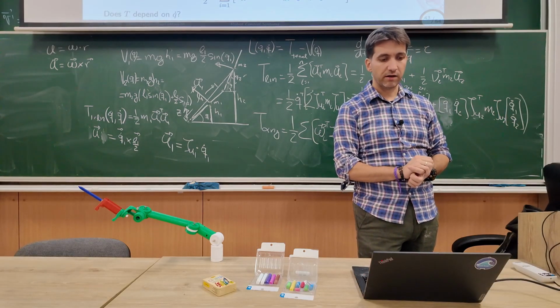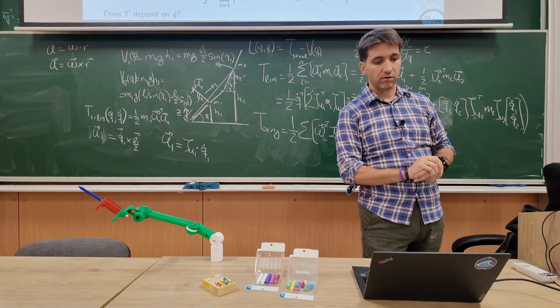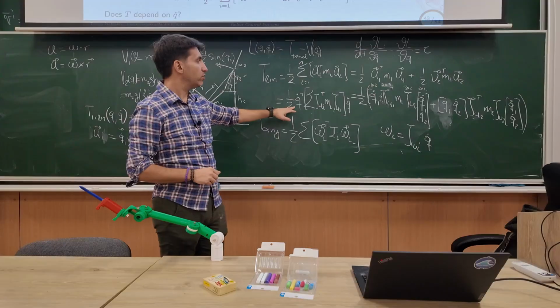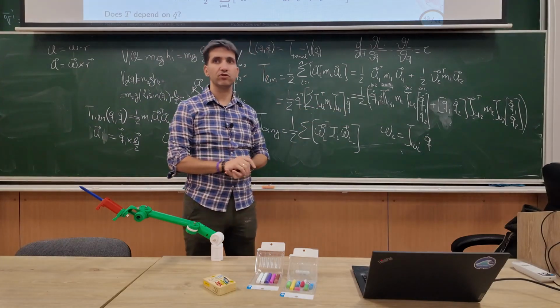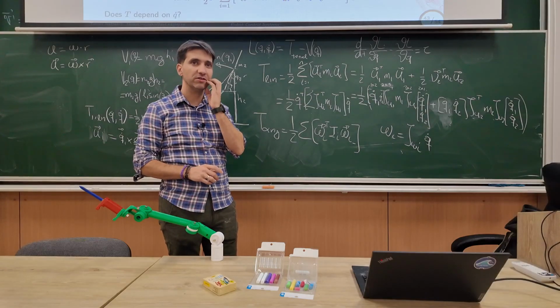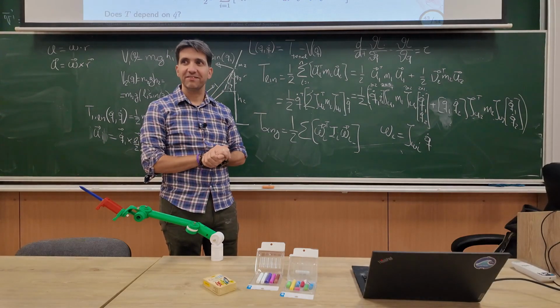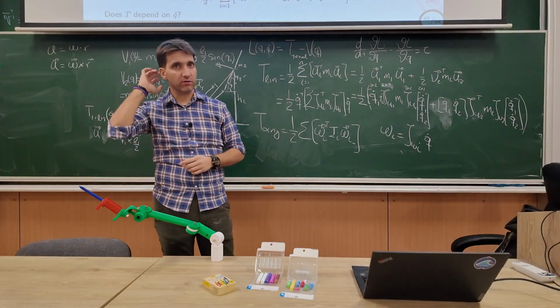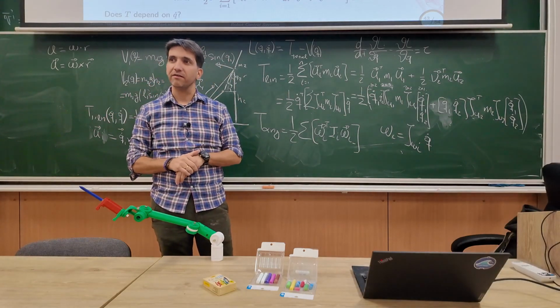Does kinetic energy depend on Q dot, right? It has Q dot there. Does it depend on Q? On position? You said it already. Where does position Q come into play?